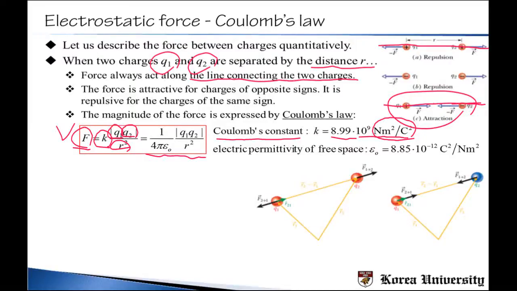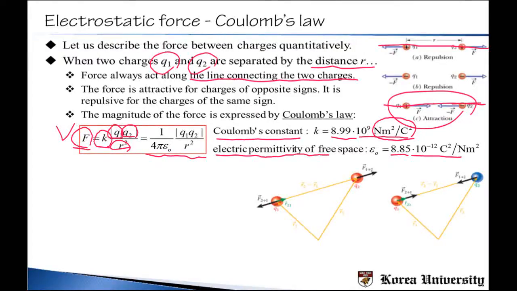And then there is another expression of Coulomb's law. Now in this case, Coulomb's constant K is replaced by 1 divided by 4 pi epsilon naught, which looks a little bit more complicated. Here, epsilon naught is called the electric permittivity of free space, and numerically it is equal to 8.99 multiplied by 10 to the power of minus 12 Coulomb square per Newton meter square.